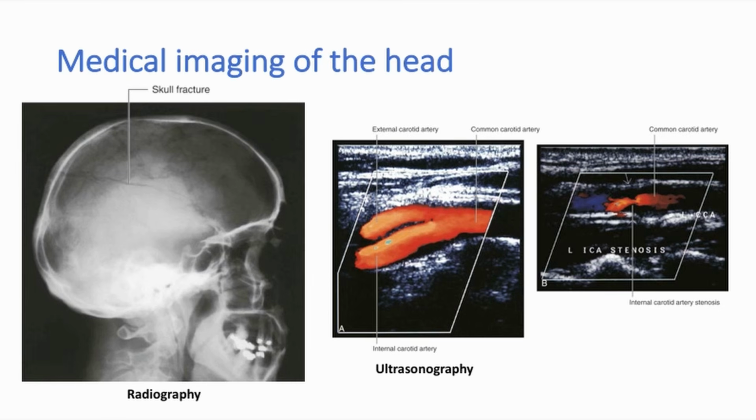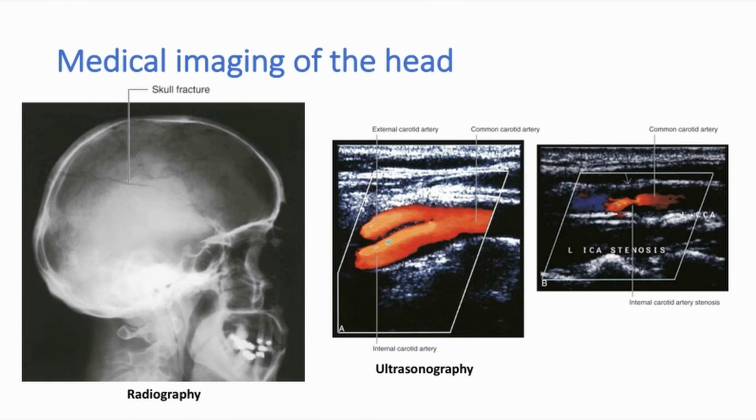MRIs are also used. They're used particularly for determining completeness of vasculature, and that's necessary in some surgeries. They also have ultrasonography, which allows us to work up for strokes.